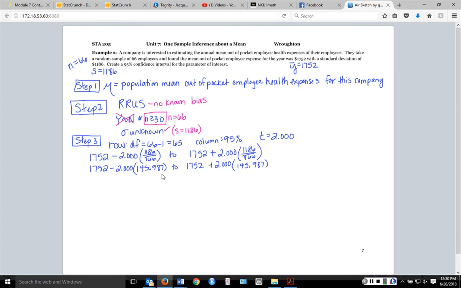Then we've got to do our multiplication. And then finally, our subtraction and addition. Here I just rounded to 2 decimals since we were talking about dollars as our units.